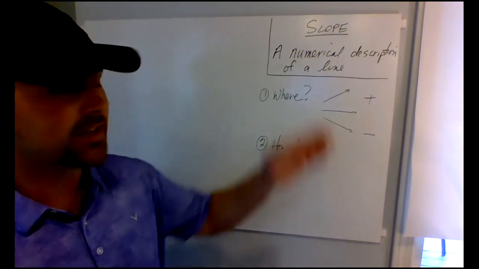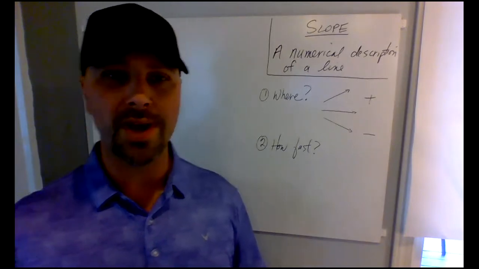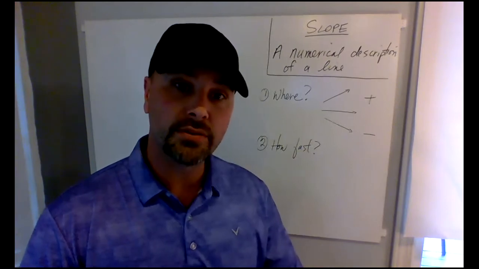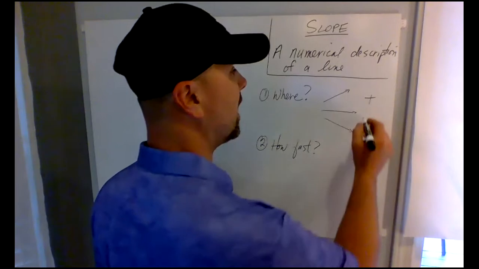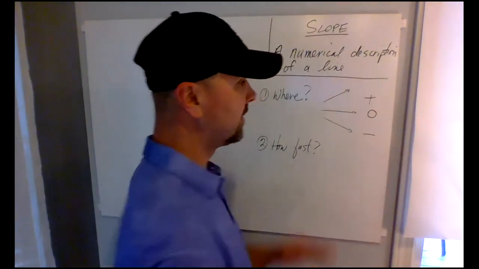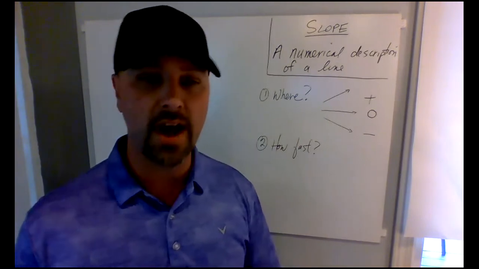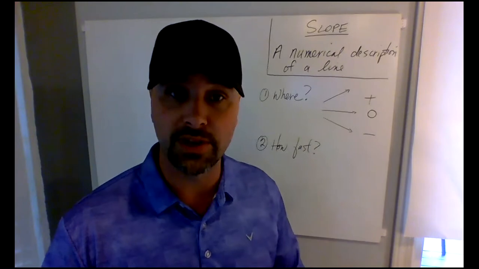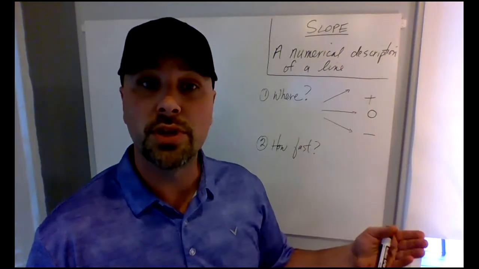And so that actually is not positive or negative. If you think about it, there's only one number in our number system that is not positive or negative, and that's 0. And so if a line is moving straight across your page or a graph, not increasing or decreasing, then it's very easy what the slope is. Slope is 0. It has no slope.